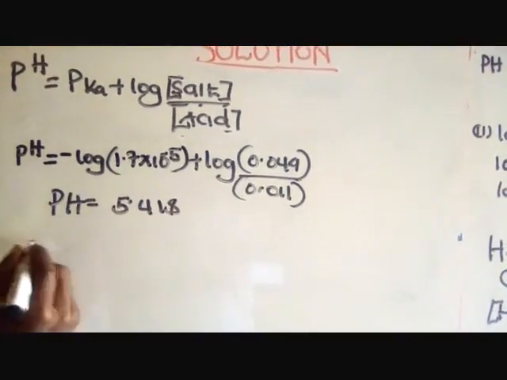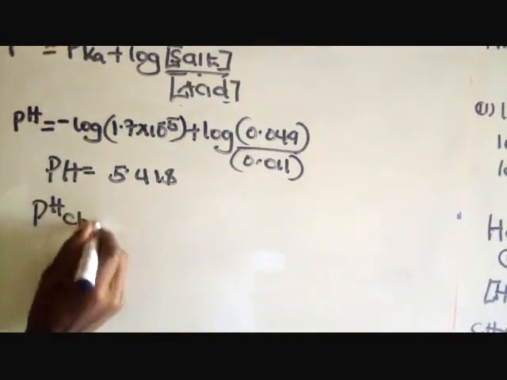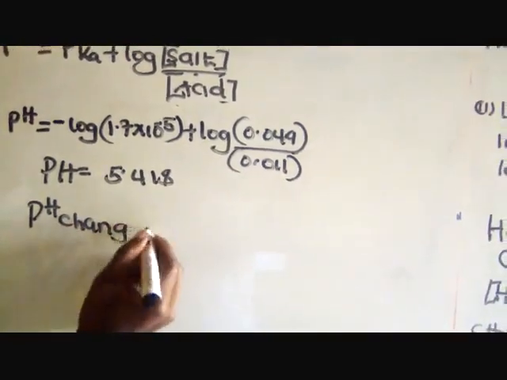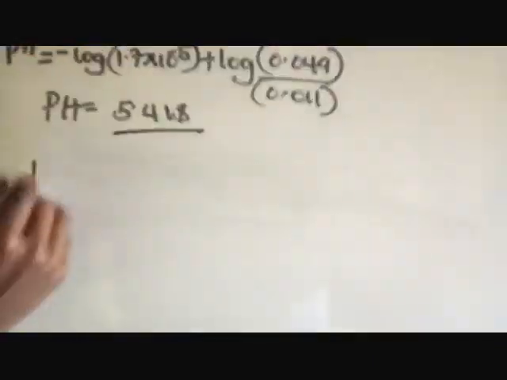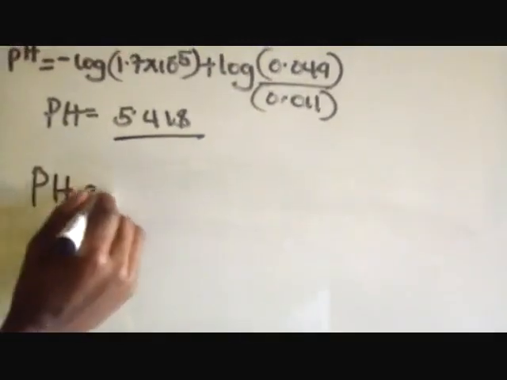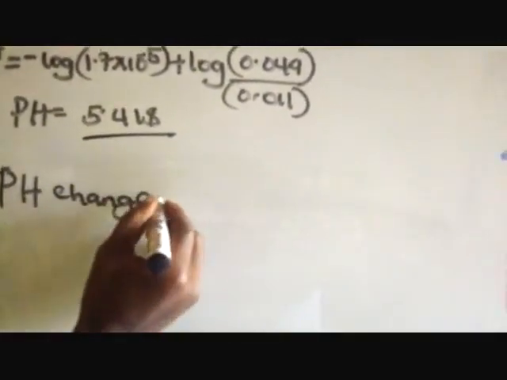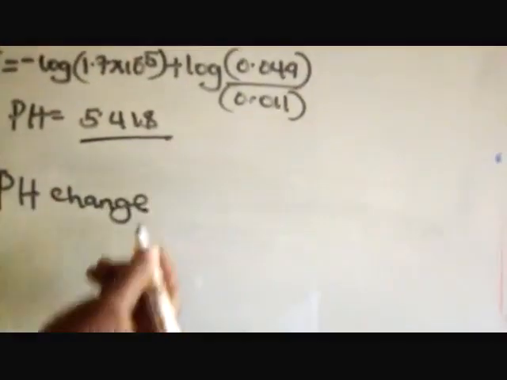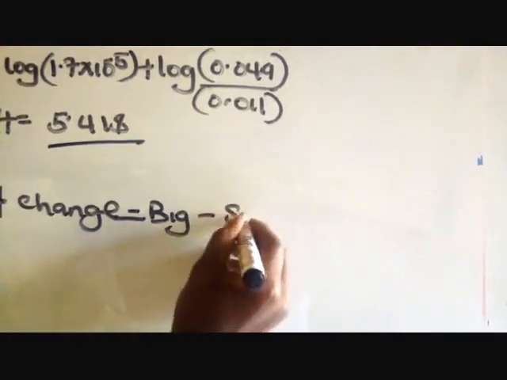5.418. Then remember the question was saying change in pH. That is pH change after adding 1 molar of the HCl. So we shall get what was our pH change here, which the question wanted. The pH change is going to be the value which we obtained, the big value, minus the small value.